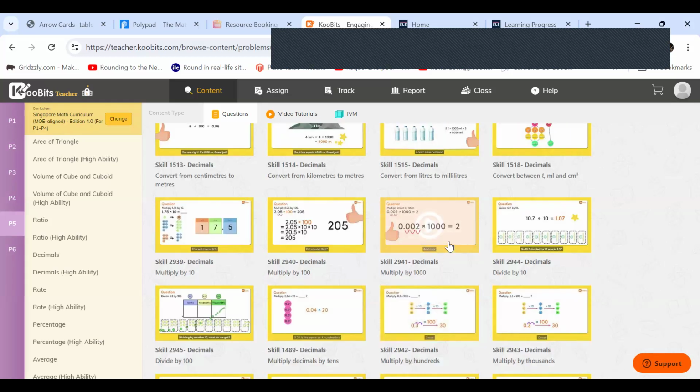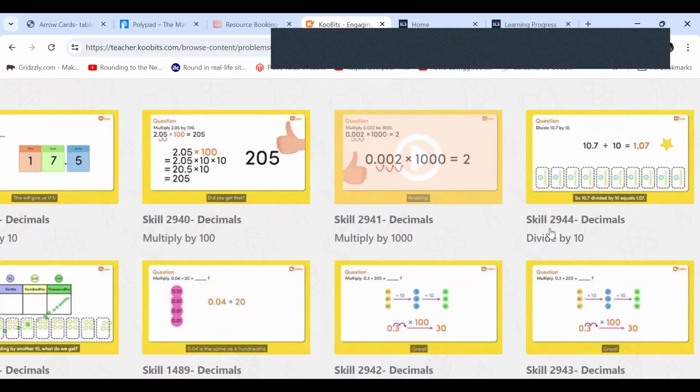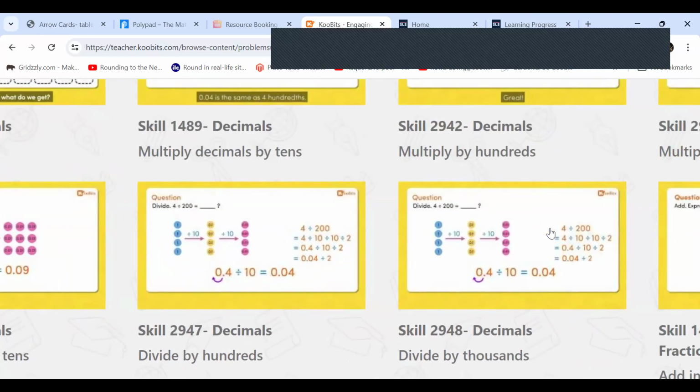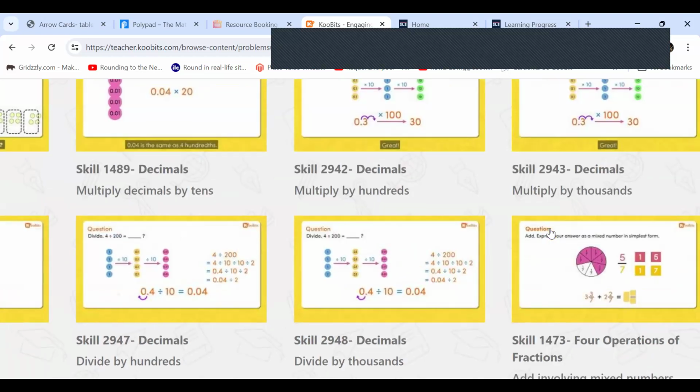See? I like how they present the animation as well. Can you see here? All right. So if you are troubled, you cannot remember, Giselle, same for you as well. If you don't know how to do the multiplying decimals or the division of decimals, how the decimal point moves, you can go back to Koobits, you know where to find them.